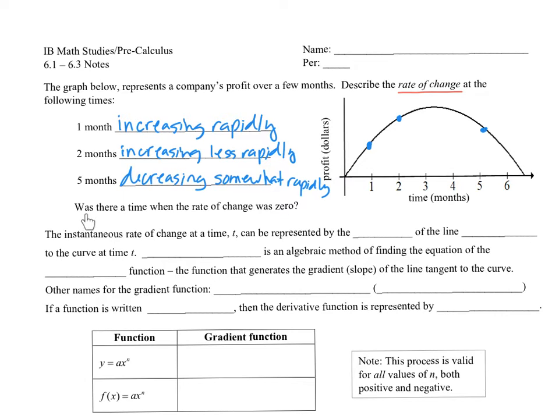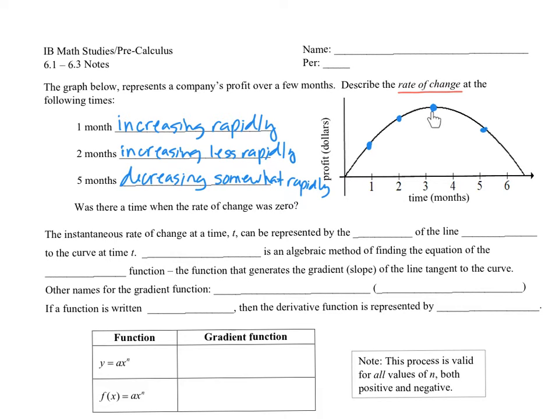So here's another interesting question. Was there a time when the rate of change was zero? In other words, if the rate of change is zero, that means that profit was neither increasing nor decreasing. So if you look at this graph, it looks like right about here, somewhere between 3 and 4 months, we can see that at that point, profit was neither increasing nor decreasing.